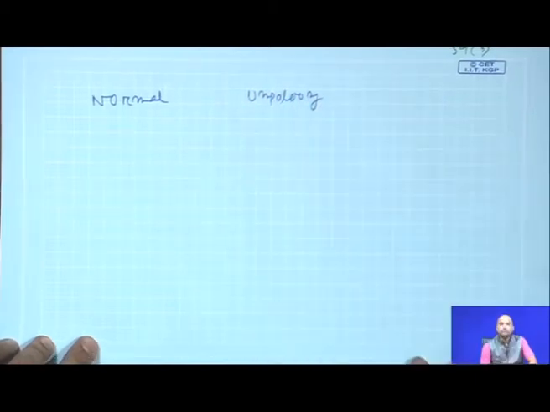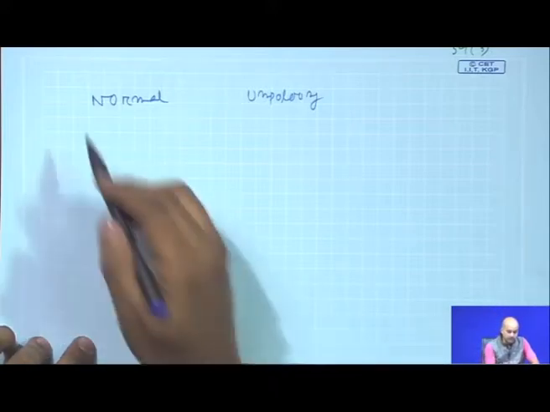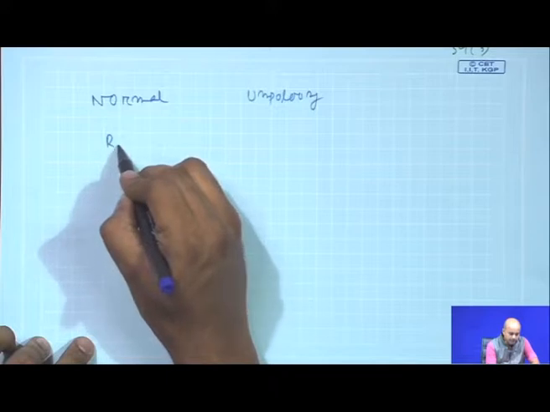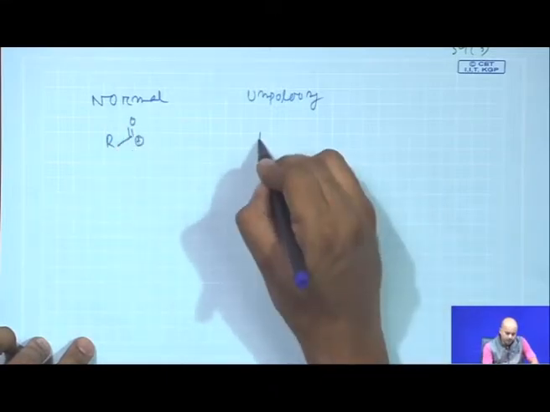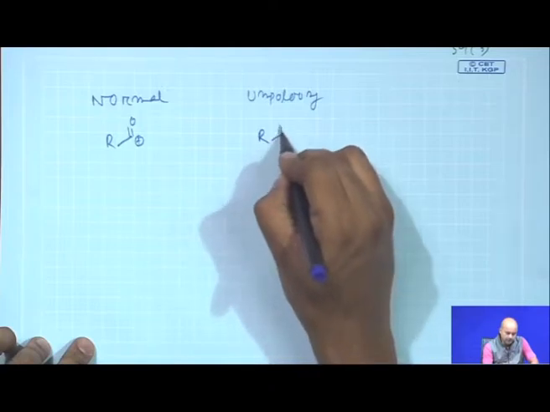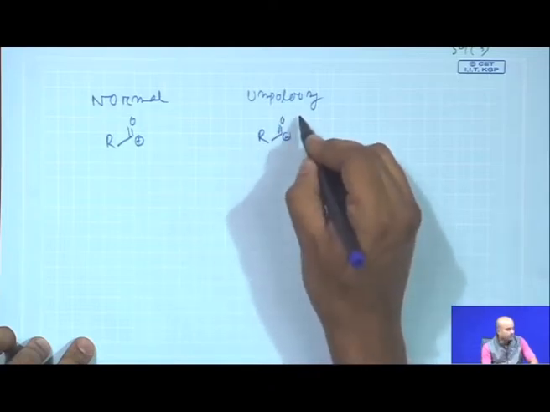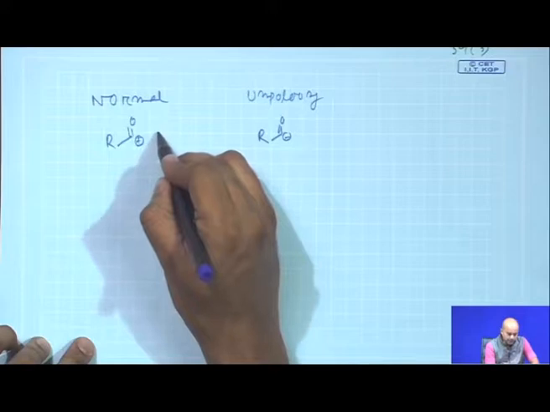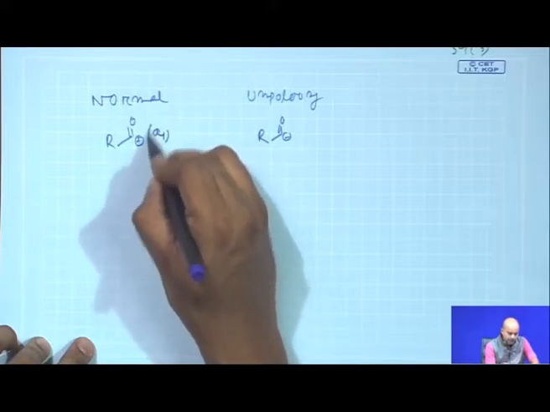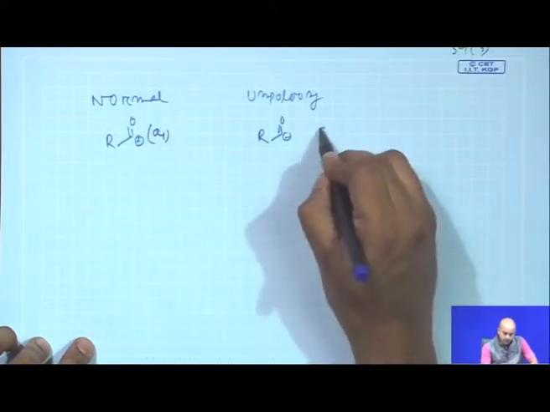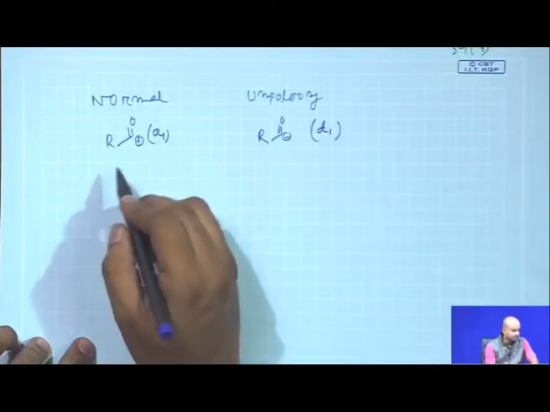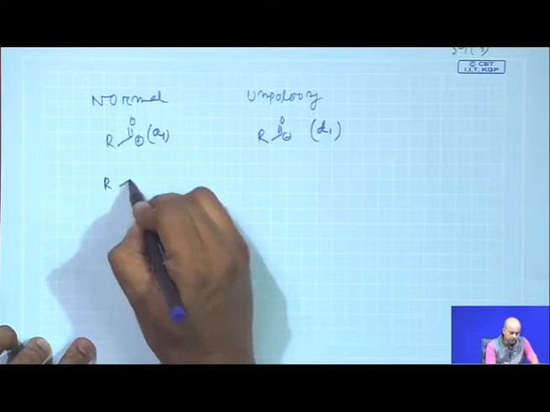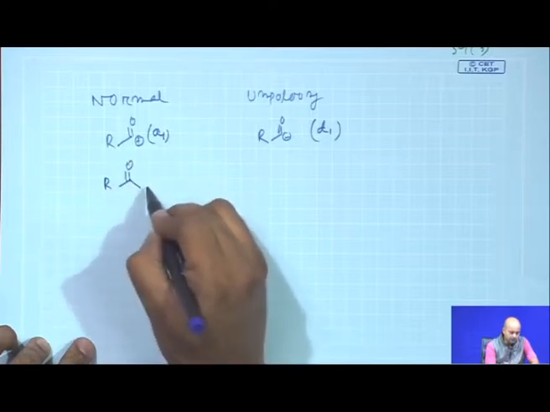As I said, the synthons are usually not commercially available, you need to prepare them in the lab. I am saying the acyl cation is a normal synthon, but an acyl anion is umpolung. The acyl cation is referred to as A1 and the umpolung acyl anion is referred to as D1. Next, the enolate.